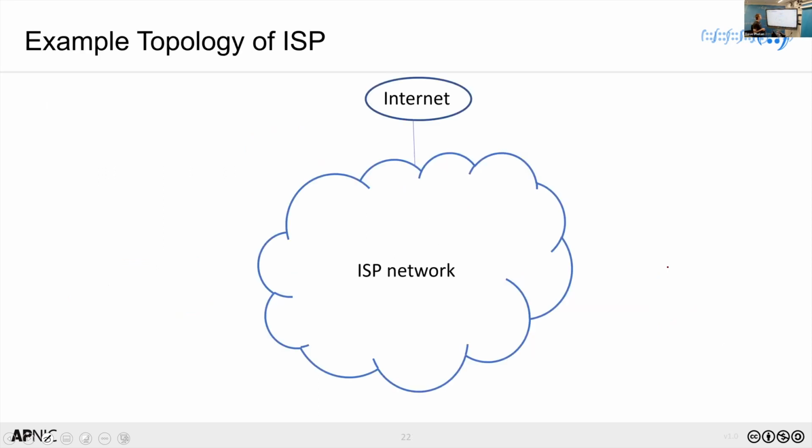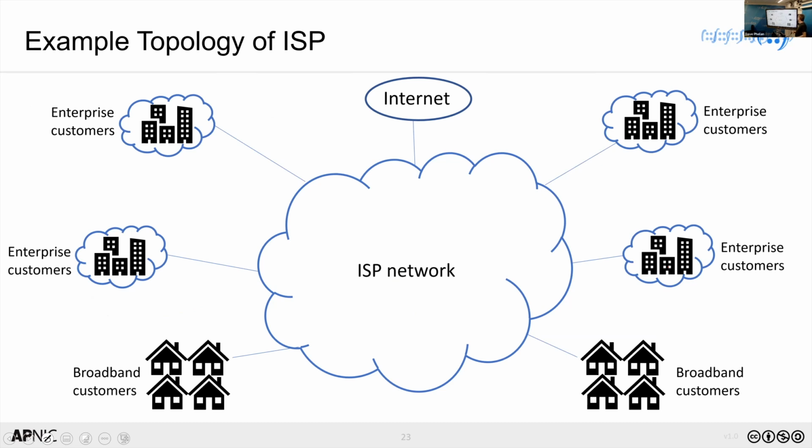So let's go and look at what a typical ISP might do with their addressing. So we've got our ISP's core network. You can see they've got some enterprise customers. They've got some broadband customers. And they're scattered around geographically.